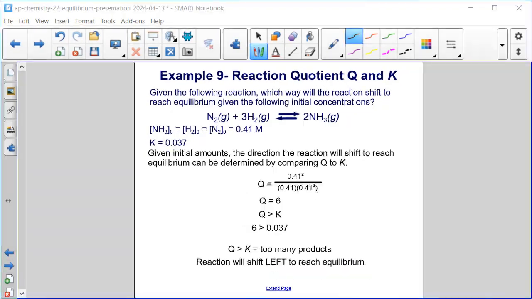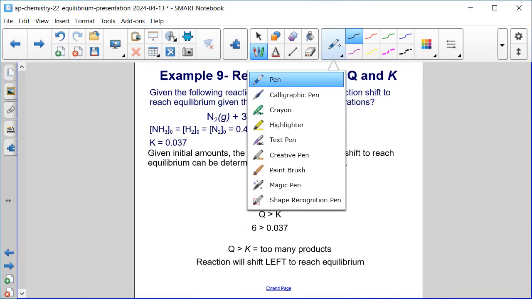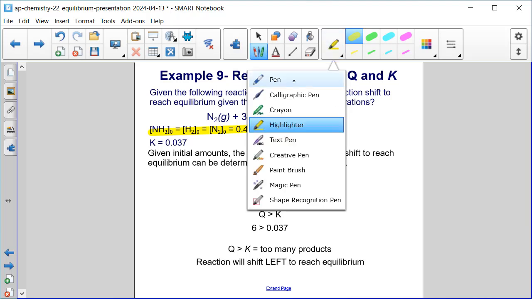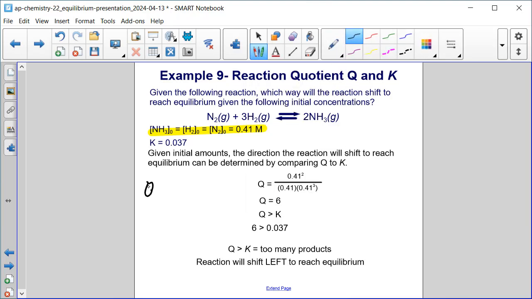All right, so first let's use these initial concentrations of 0.41 molar for each reactant and the product to determine the reaction quotient. So Q is the concentration of the product, in this case NH3 initial, raised to its stoichiometric coefficient squared, and then the concentration of the H2 initial cubed times the concentration of the N2 initial.